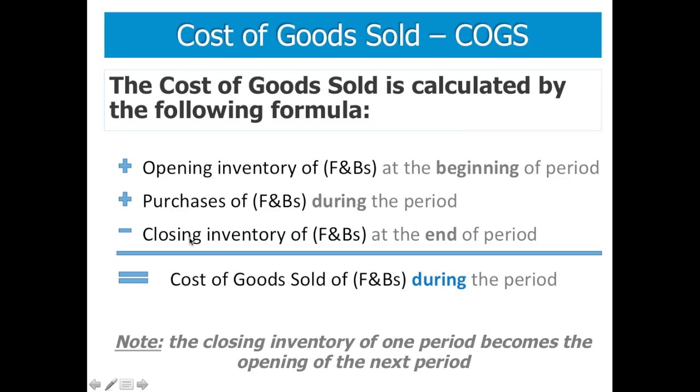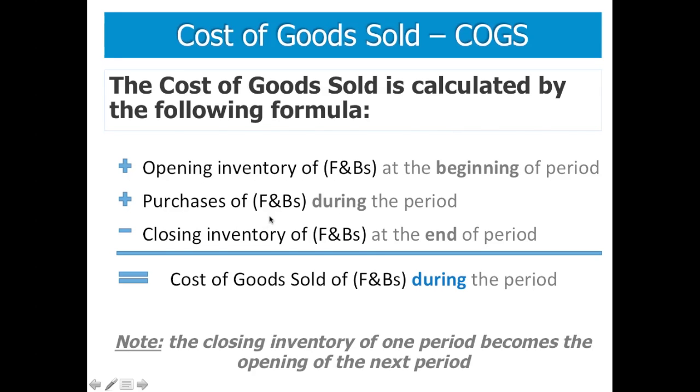Now, the closing inventory of December 31, 2013 will become the opening of the next period. So the closing of 2013 becomes the opening of 2014. And also here, the opening of 2013 was the closing of the previous period, 2012.